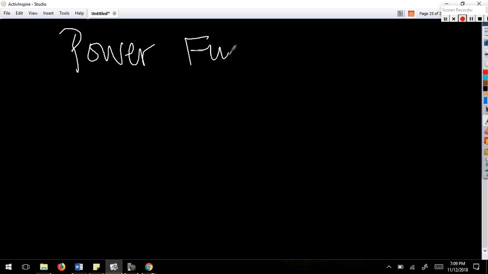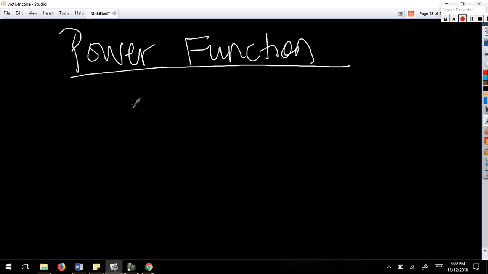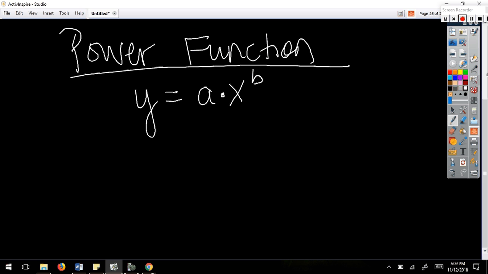A power function is when we have the form y equals a times x to the b power, meaning this exponent could be anything, a 2, a 3, a 5, a 10, whatever it is, that exponent varies. So we're going to follow the same setup, the same scenario. It just may be a little more difficult for you as we set up the equations for the power functions, but let's jump right in and see what we can do.